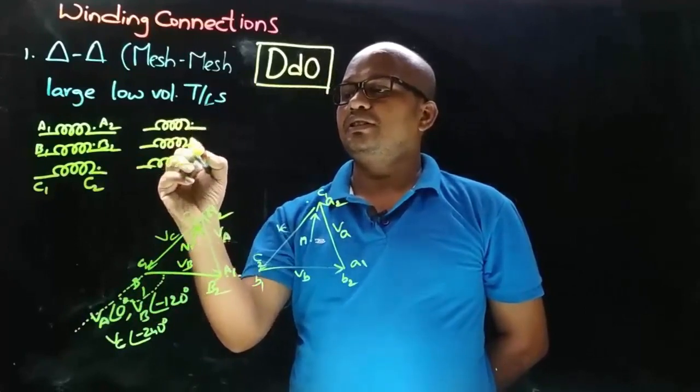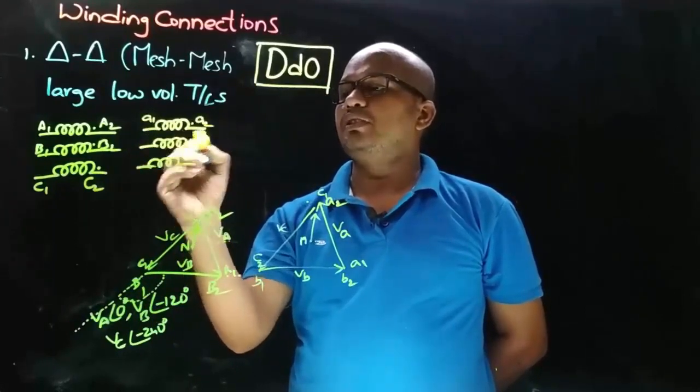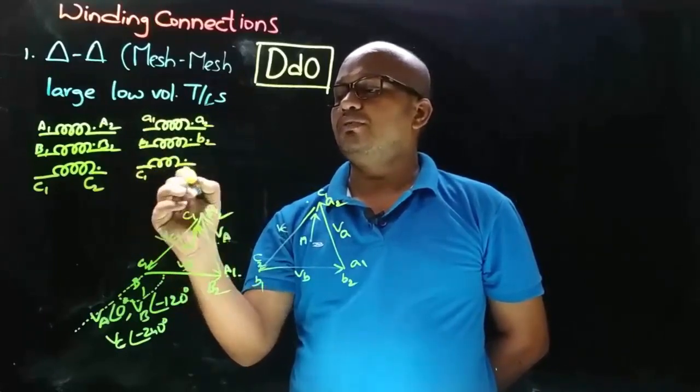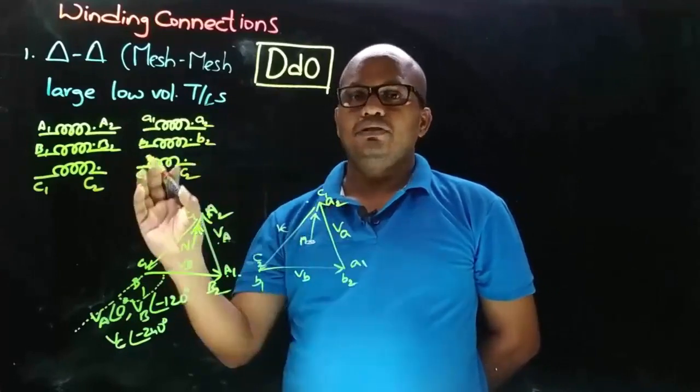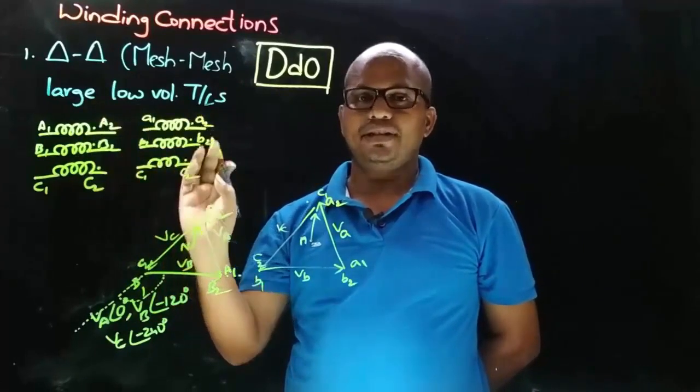Okay, and these are the dot end terminals. So this will be small a1, small a2, small b1, small b2, small c1 and small c2. So now let's obtain the delta connection on primary side and delta connection on secondary side.